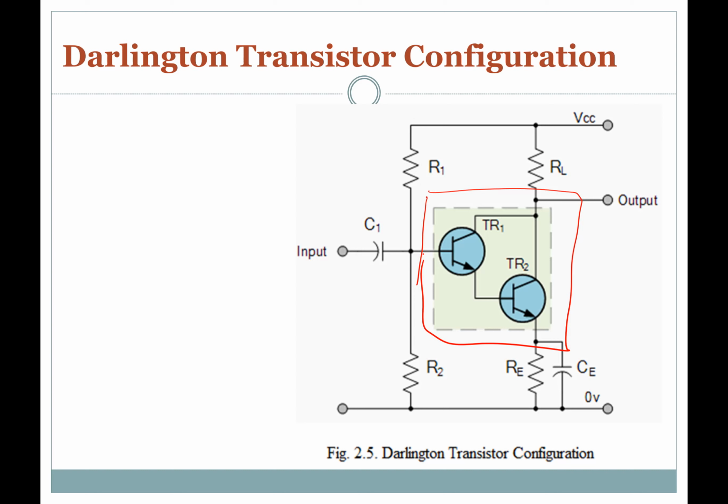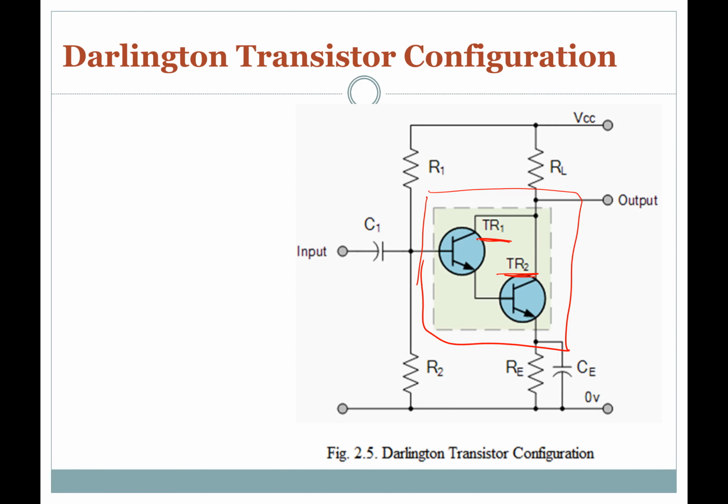Now what happens is that the overall gain value of the Darlington device becomes the product of the two transistors TR1 and TR2 put together.